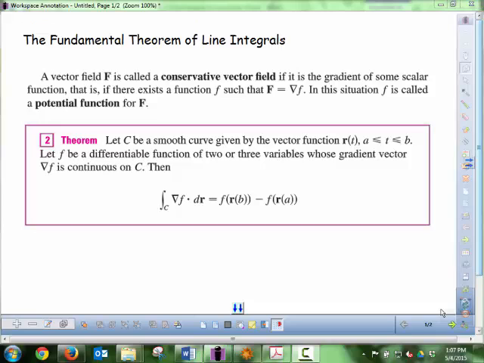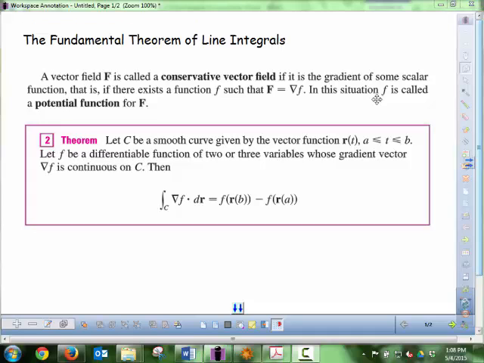If you have your original vector field capital F, and you know that it's a conservative vector field, then we can find a little f so that the gradient of little f is equal to the original conservative vector field. And that little f is what we're calling a potential function.